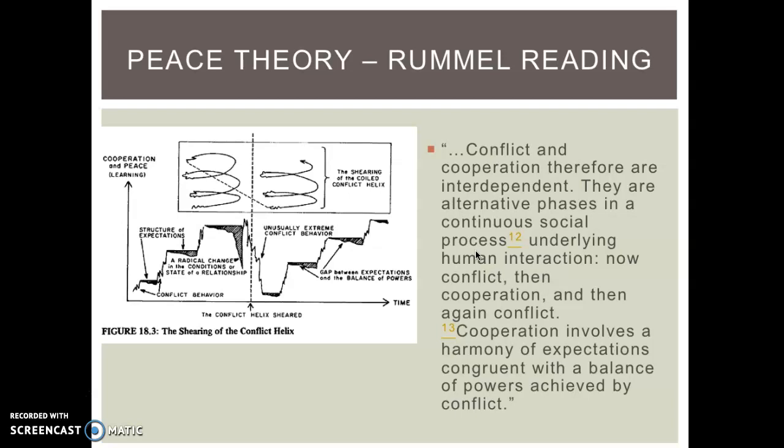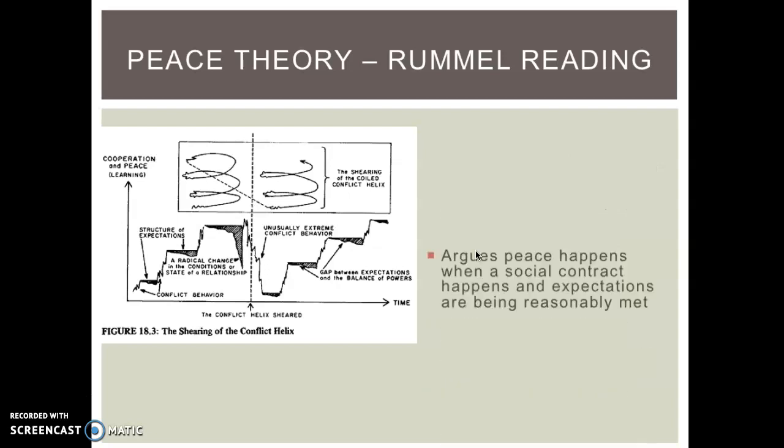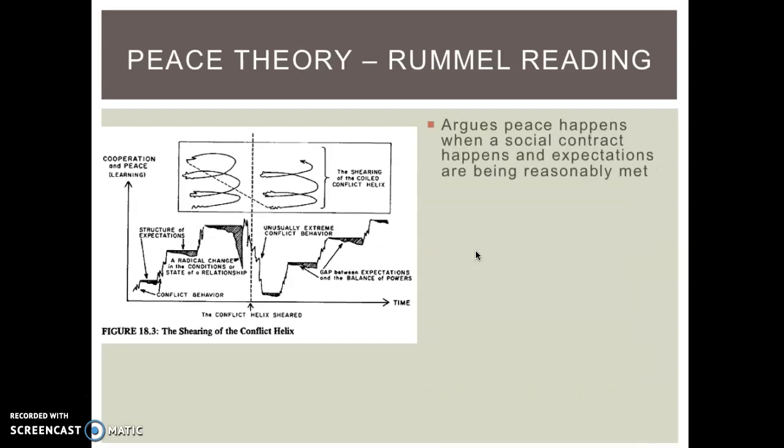Can you start to see, maybe stop and predict for a second, why he would think that democracies would be the best way to actually achieve this kind of cooperation? Hopefully that should be somewhat evident. So, he's going to argue that peace only happens when a social contract happens, and that the expectations of that social contract are being reasonably met.